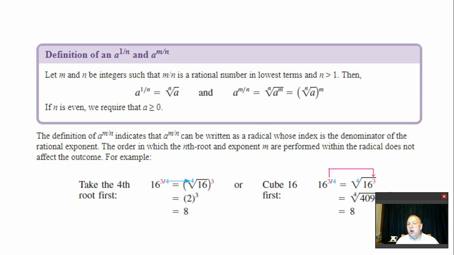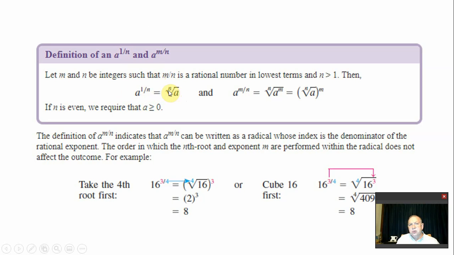Rational exponents also include things where I've got fractional exponents. With fractional exponents, this thing in the bottom is the nth root, and here I'm going to raise that to the power. Okay, so here's just a different way I can deal with roots of a rational exponent, and this is what this means. If I've got a to the 1 over n, that's the same thing as taking the nth root of a.